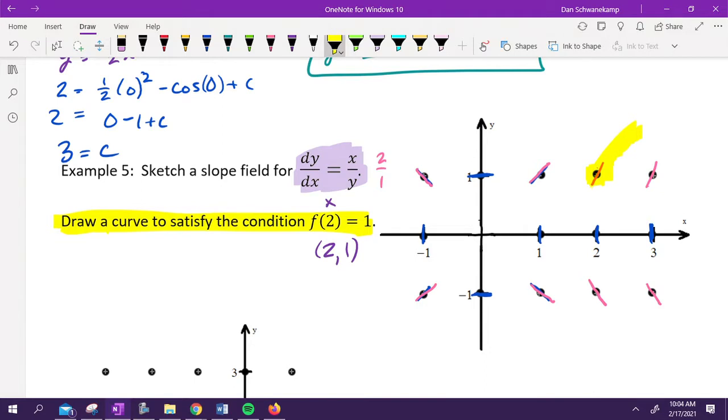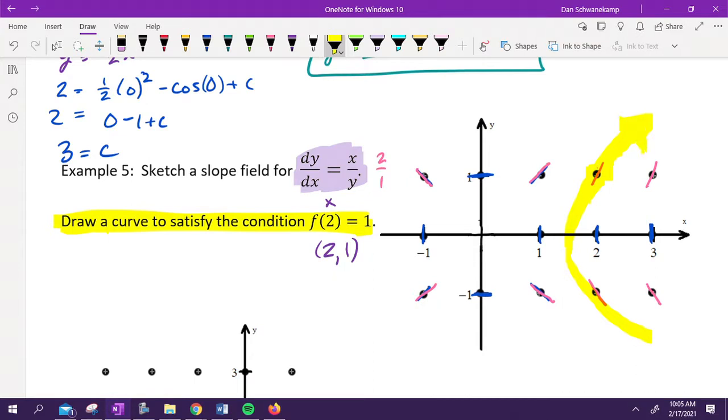If I follow this line to the left, what's going to happen? It's going to start to go straight, because on the axes the slopes are all 0. So I'm going to go straight down. Now what's going to happen as I go straight down? It's going to start curving back to the right and following that line right there.